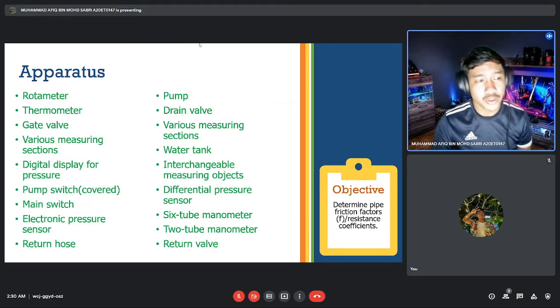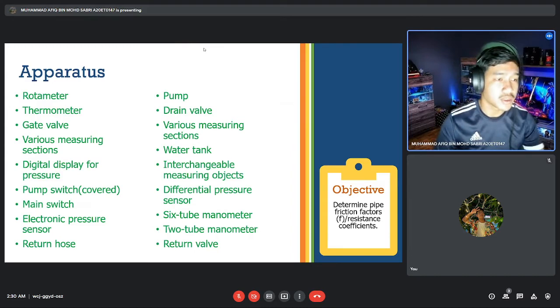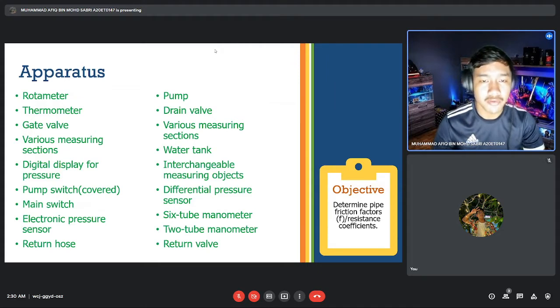The apparatus we use for the experiment are rotameter, thermometer, gate valve, various measuring sections, digital display for pressure, pump switch, main switch, electronic pressure sensor, return hose, pump, drain valve, various measuring sections, water tank, interchangeable measuring objects, differential pressure sensor, 6 tube manometer, 2 tube manometer, and the last one is return valve.